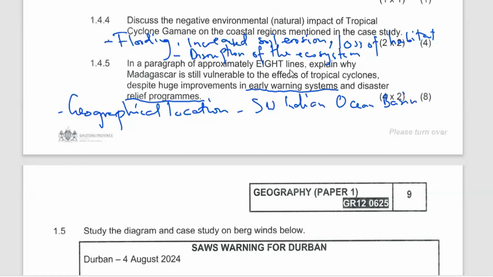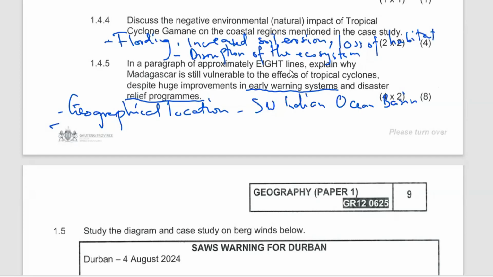So despite the efforts, the geographical location will still expose it to the dangers of the tropical cyclones because of its location. That is where most of the natural disasters strike, especially the tropical cyclones. They strike that area because of its position. Madagascar is still vulnerable. It will still be affected, and it will still be affected because it's frequent. Its geographical location facilitates frequency of the happenings of those natural disasters.